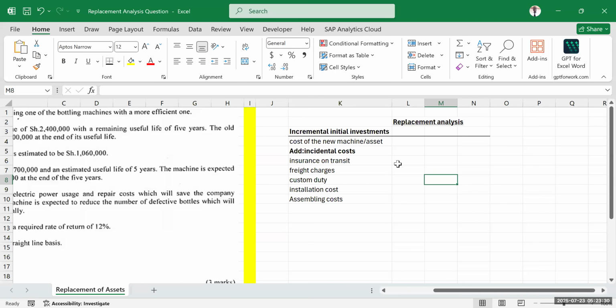Then, after you've considered all or any other additional costs, you'll have your total cost of the new machine after the capitalization.